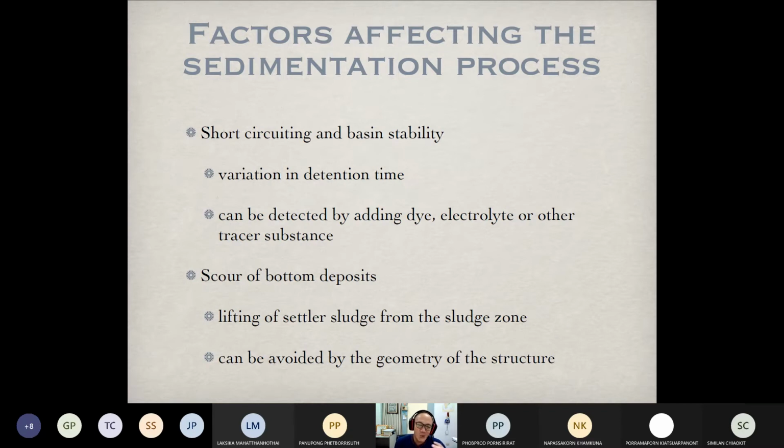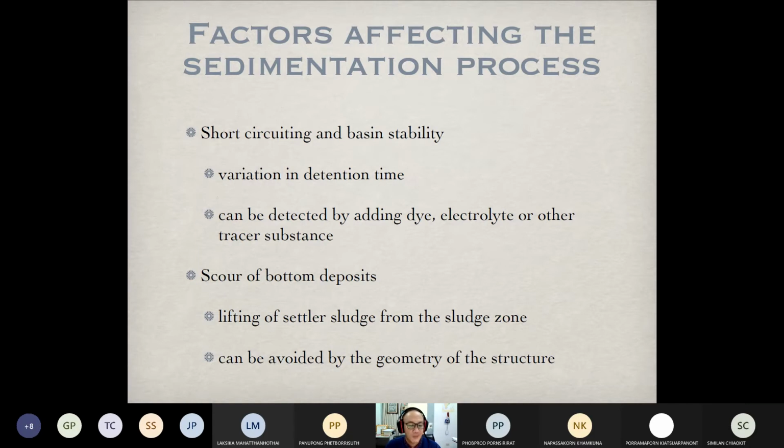It means that water is supposed to stay inside this tank for a time equal to V divided by Q. But instead, it takes a shorter time. So we can say that the water elements have got a short circuit. So we have to be aware of this. We can prevent this phenomenon by using a proper inlet and outlet design.